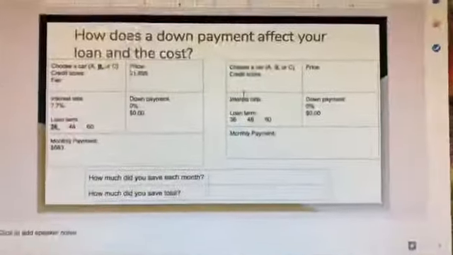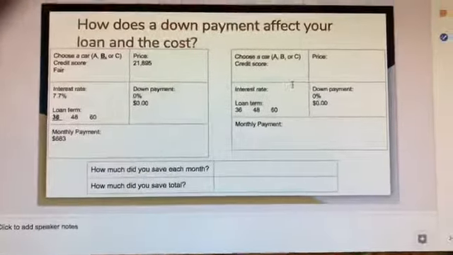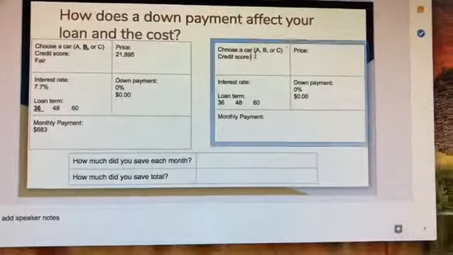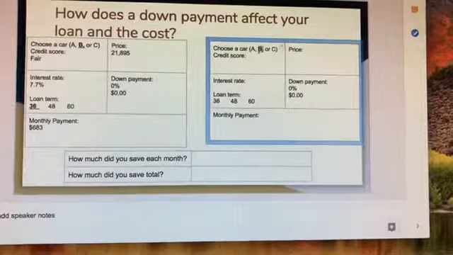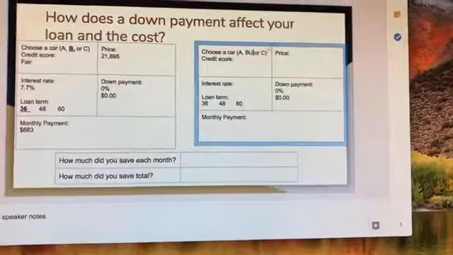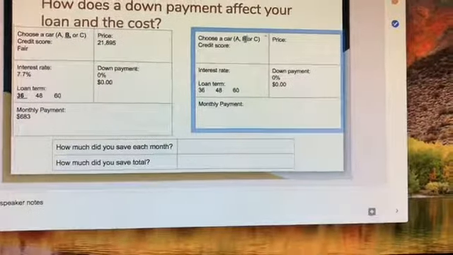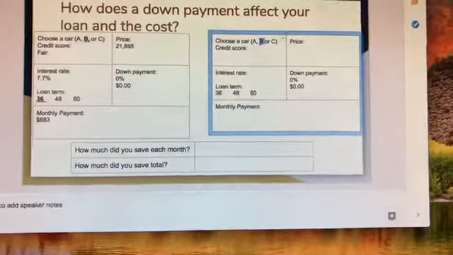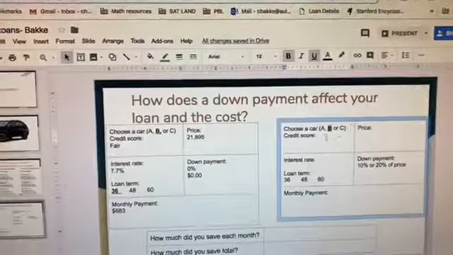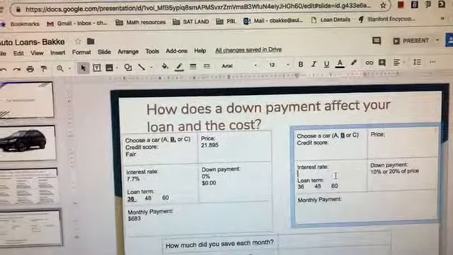Now for this part, actually figuring out your down payment, you are going to choose the same car because you already have next to it how much it is without any down payment at all, a 0% down payment. So I'm going to fill out these 3 boxes the exact same, okay?